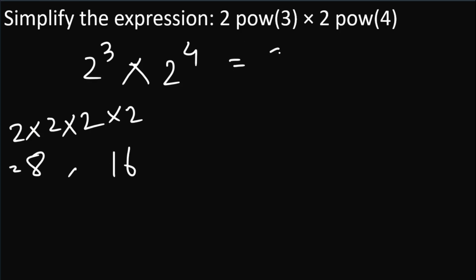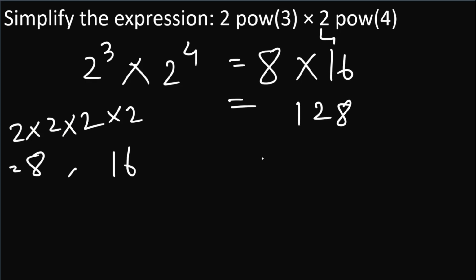So it will give me 8 times 16. 8 times 6 equals 48, here 4 carries, and 8 times 1 equals 8 plus 4 equals 12. So it's 128. So the answer is 128.